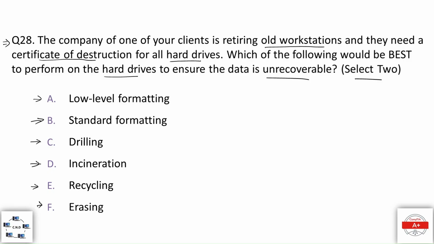We are talking about, you can say, digital sanitization of the hard drive so that the data on the hard drive is no longer recoverable. Since the data is sensitive and we have to choose two options, correct options are option C, drilling, and option D, incineration.